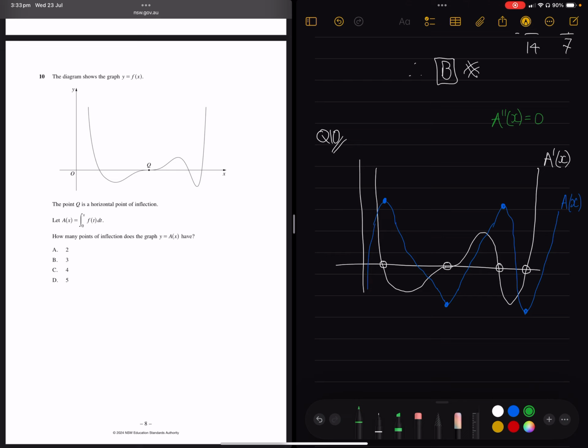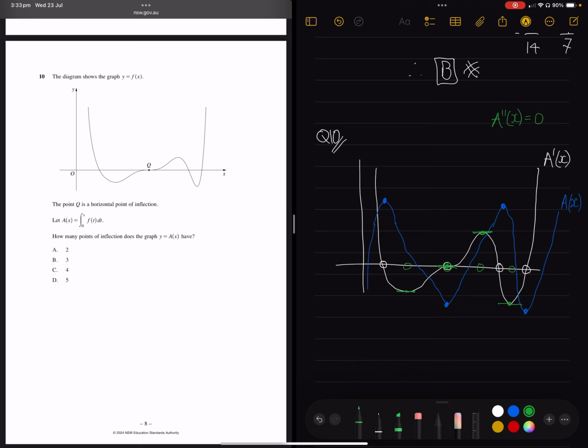Well, the points where the tangents for A prime are 0 are here. This is flat. Here, this is flat. Here, this is flat. And here, this is flat as well. So these are the points where the A double prime function is equal to 0. So here, here, here, and here.